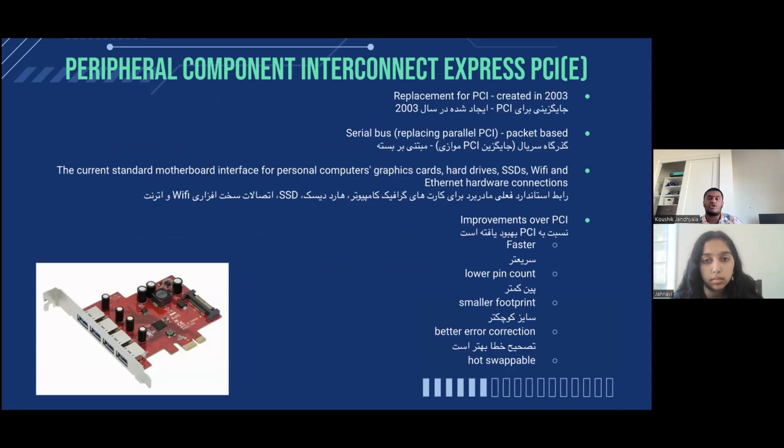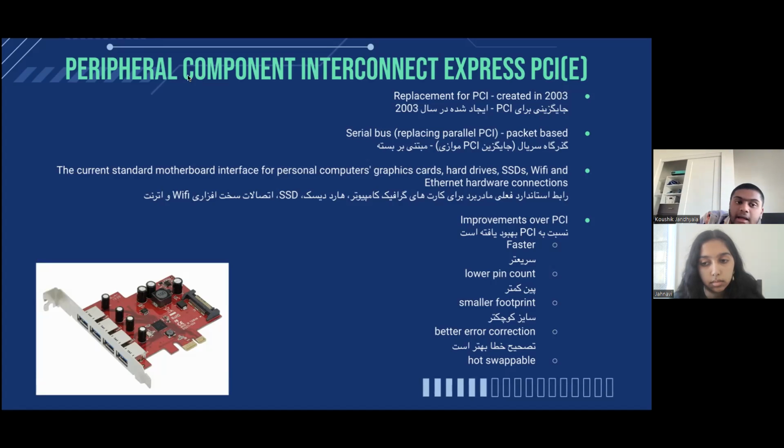Peripheral Component Interconnect Express, or PCIe. PCIe was announced as a replacement for PCI, peripheral component interconnect, created in 2003. It used a serial bus, which replaced the parallel bus. It's a current standard for motherboard interfacing with personal computers, for graphics cards, hard drives, SSDs, Wi-Fi connectors, and many, many more.